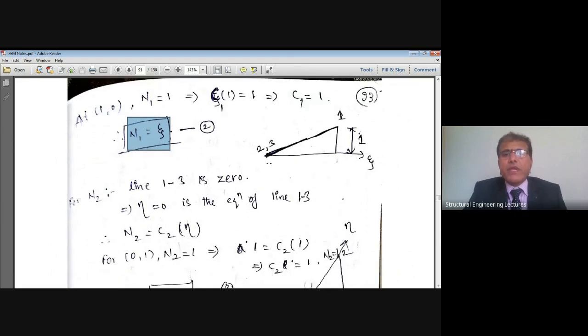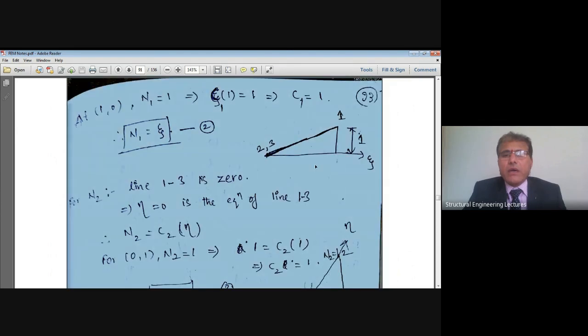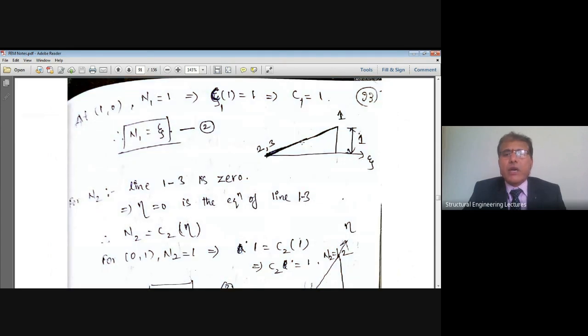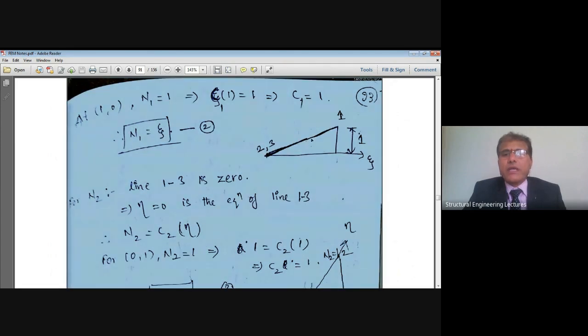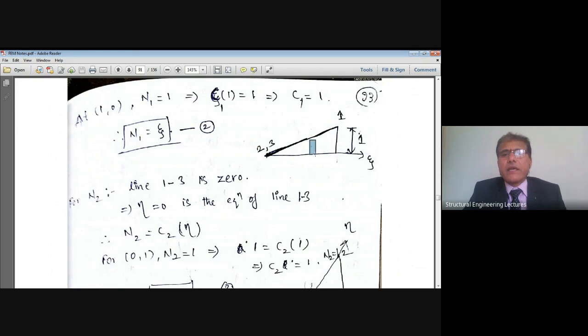That is how the variation of the shape function has one ordinate at 1, 0, whereas at a distance of xi from the origin, the ordinate is equal to xi, right?